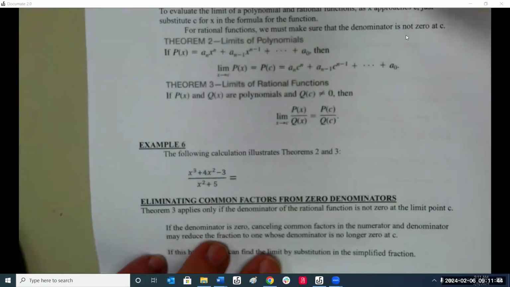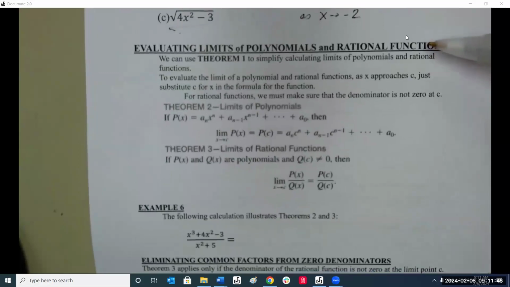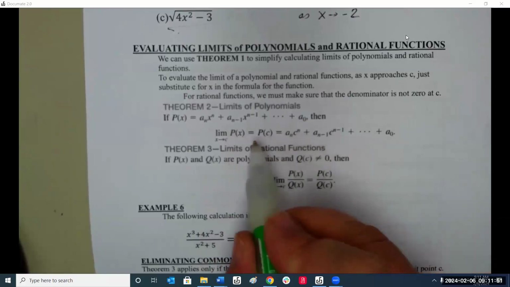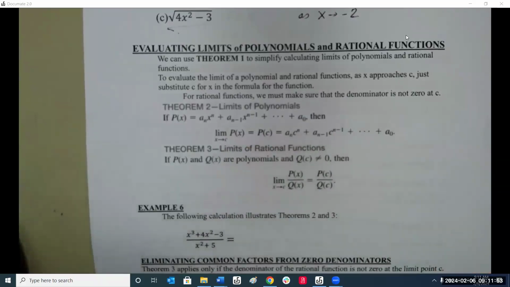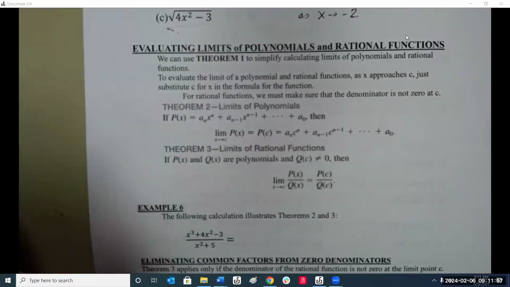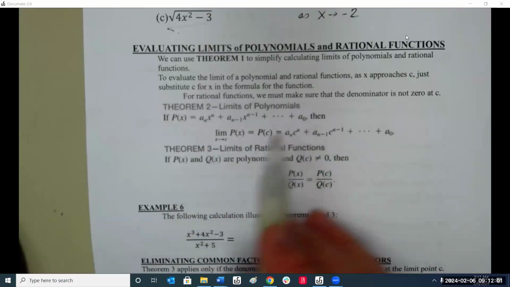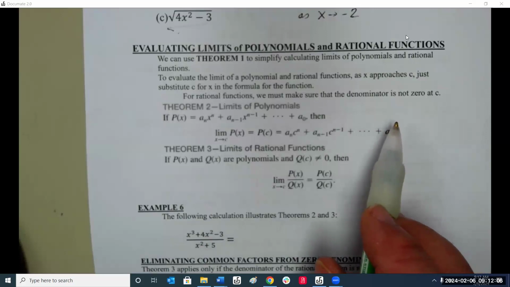Evaluating limits of polynomial and rational functions. What these theorems produce is the obvious thing we just did with the laws. If you have a polynomial with multiple parts, you can take the limits of each one separately, which is what we just talked about.